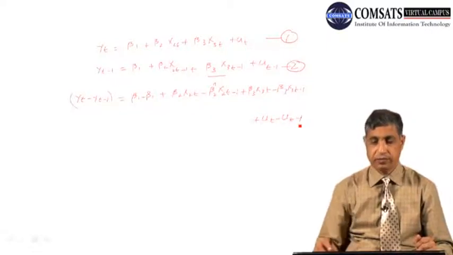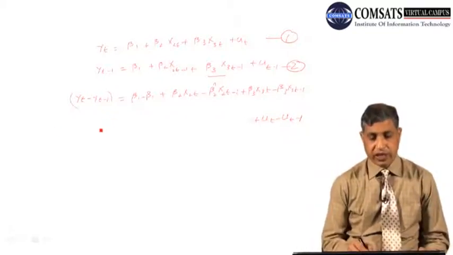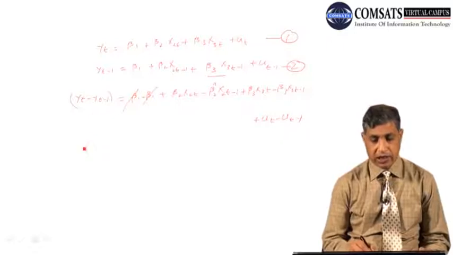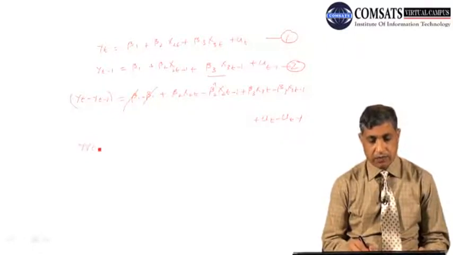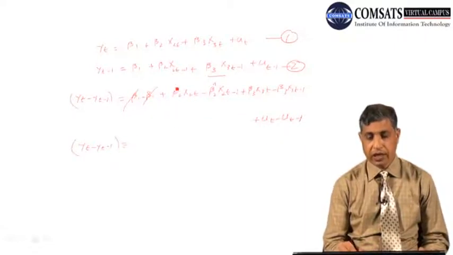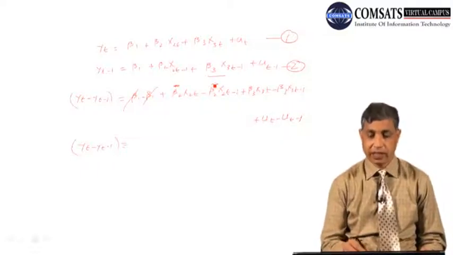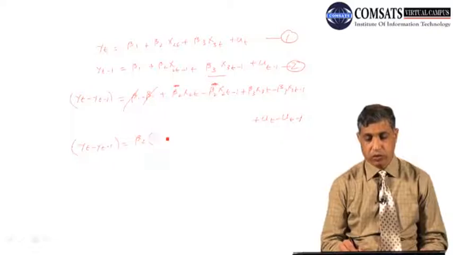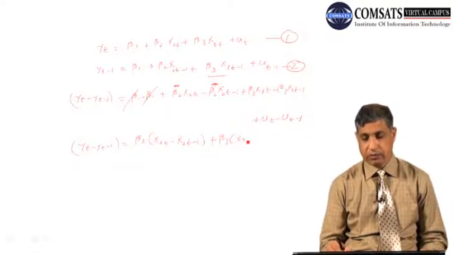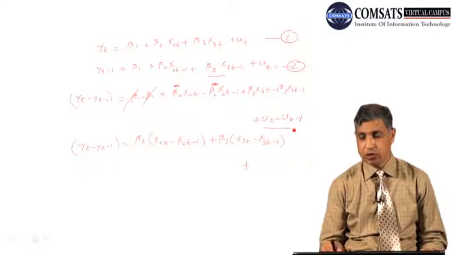Now further, the beta1 terms will cancel out, and this will become simply Yt minus Yt-1. If I take beta2 common, and I don't put a hat on it because we have not estimated them yet, this will become beta2 (X2t minus X2,t-1) plus beta3 (X3t minus X3,t-1) plus ut minus ut-1.